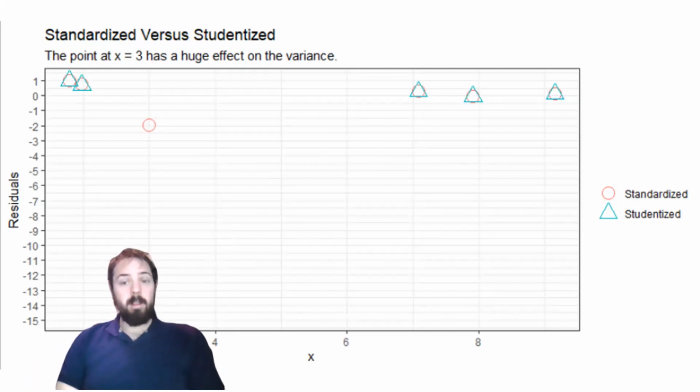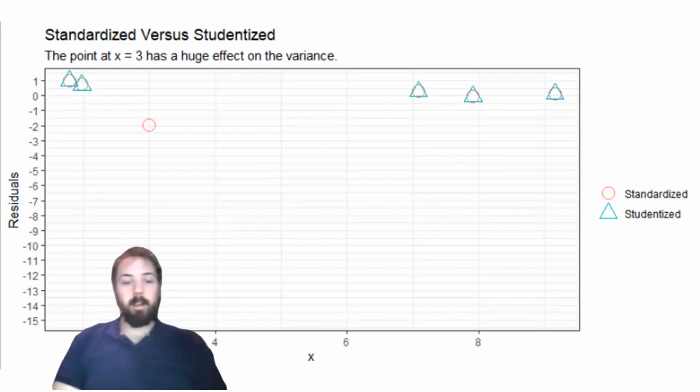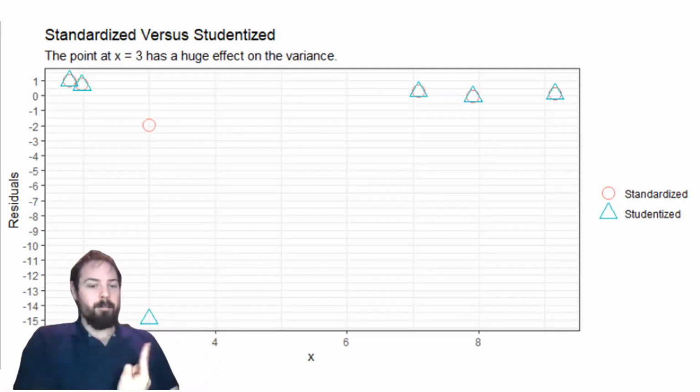For most of these, they look like the Deathly Hallows symbol. The red circle is standardized. The triangles are studentized. For most of them, standardized and studentized are about the same because when you remove one point, it's not affecting the variance too much, except for this one right above me. So there's only a red circle there. There's no triangle because I'm just in the right place to be covering it up.